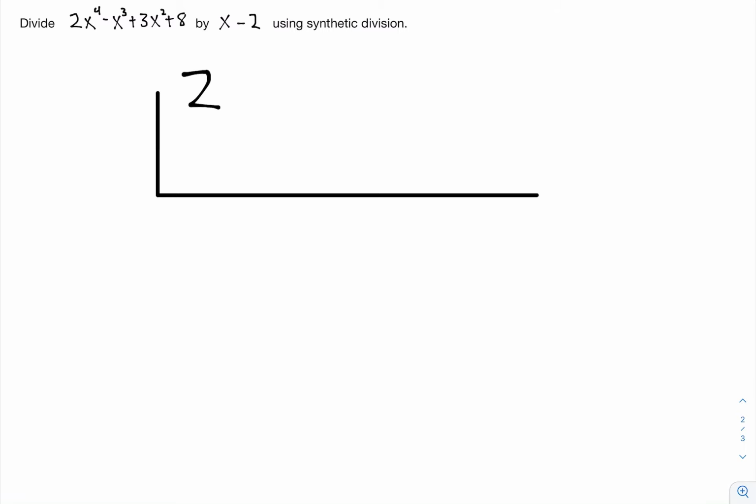And then we have minus x cubed, so minus 1x cubed. Then we got plus 3x squared, so we got a positive 3 here. And notice how we don't have any x terms. There aren't any 3x's or negative 10x's. It jumps right from x squared to a constant 8. So we have 0 x's. We're going to put a 0 there. Okay, and then we have positive 8 finally.